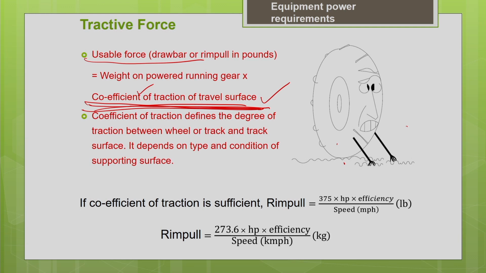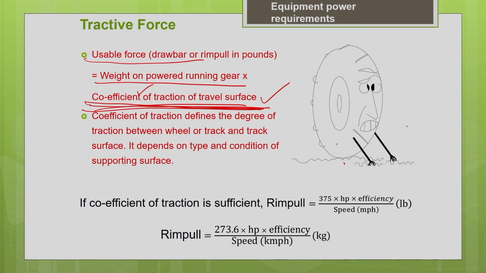Another important thing to be noted is the weight on the powered running gear of the machine. In common equipment, like cars, you can see that not all the wheels are driving wheels. In common machines, not all the axles are powered. Only some of the axles will be powered and the other axles will just act as a steering component. So you need to know that there is something called driving wheels.